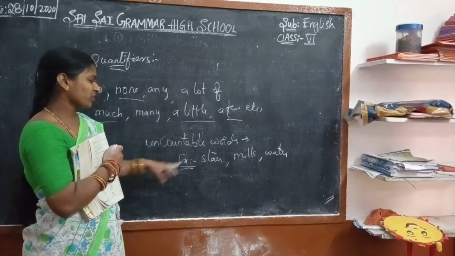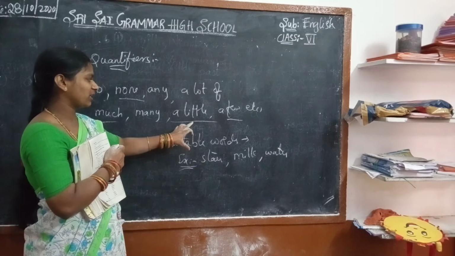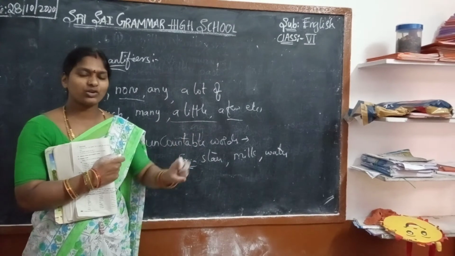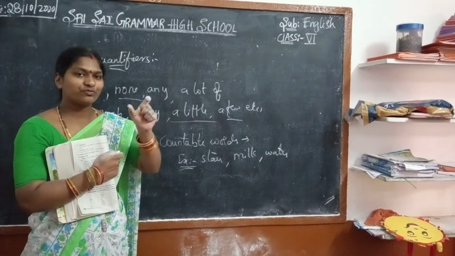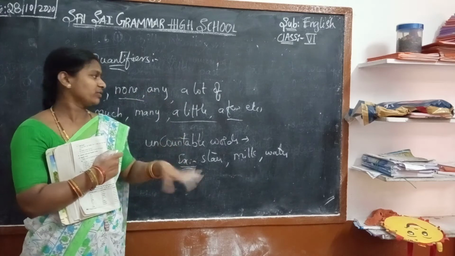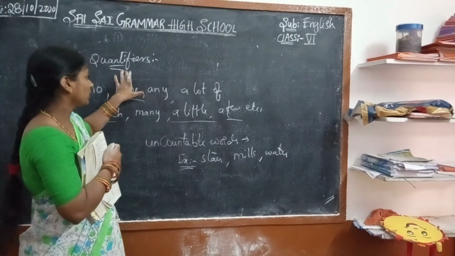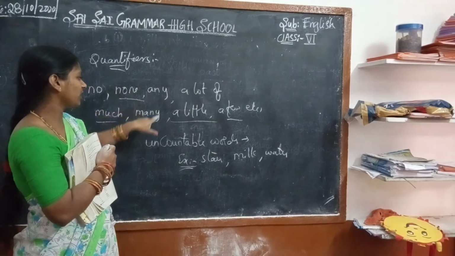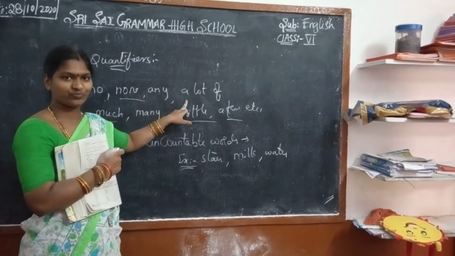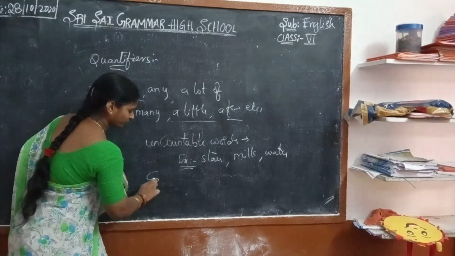Here also, in the form of sentences, they can easily be identified. For uncountable sentences, we are going to use such words. Such words are called quantifiers. Now, any, many, a lot: these are said to be countable.